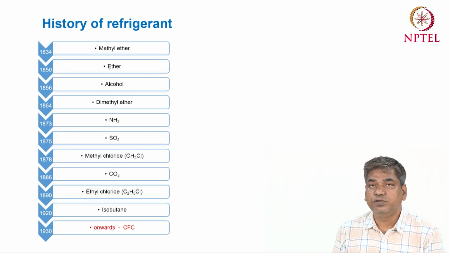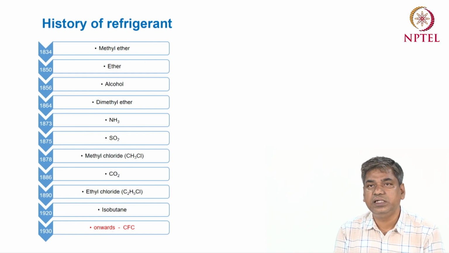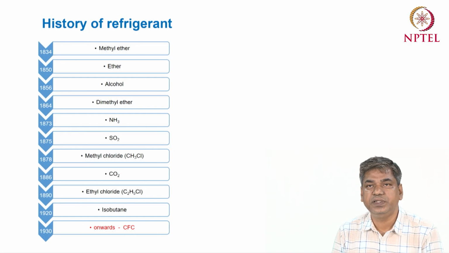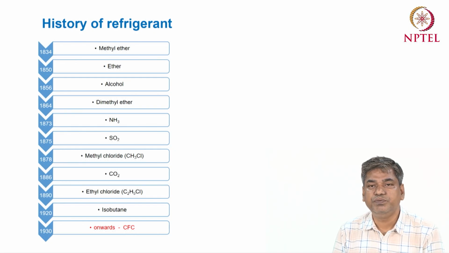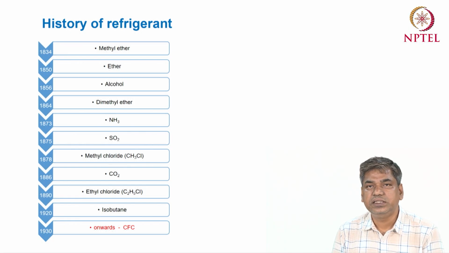Next, if we go to the history of refrigerants, this is approximately the list of some refrigerants which were used before the 1930s, and the approximate year of introduction is given in this chart.